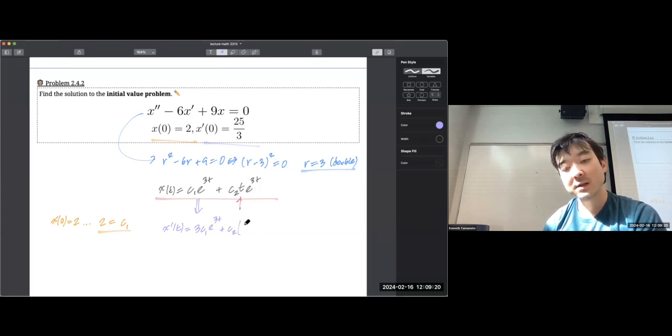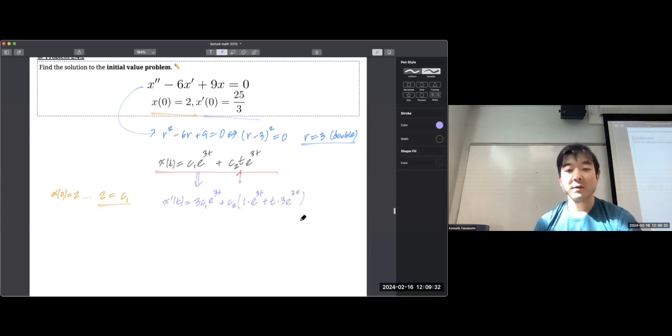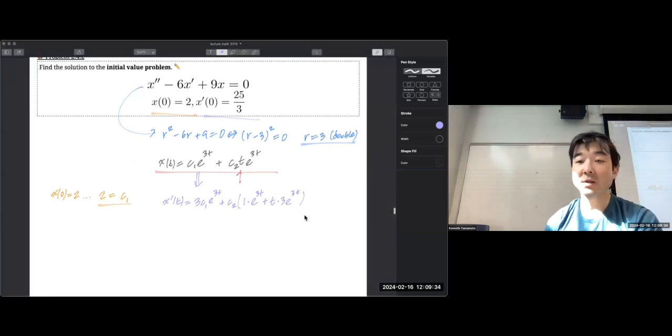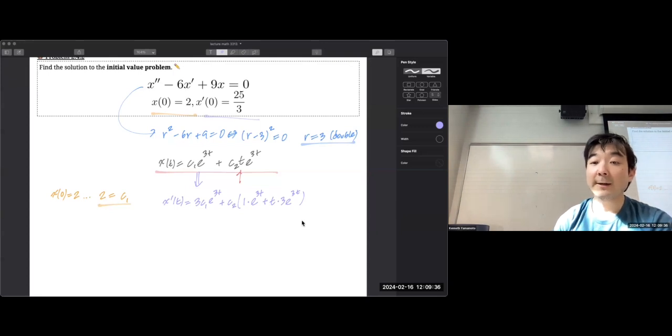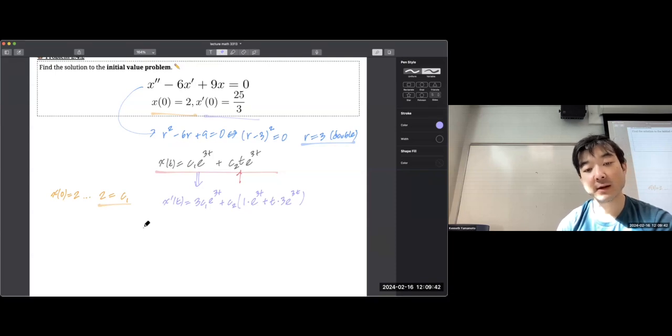So it'll be t's derivative is 1 times you copy the second, plus you copy the first times the derivative of the second. That's the derivative. And then you need to apply the condition. So it says that you have x prime at 0 is equal to 25 over 3.